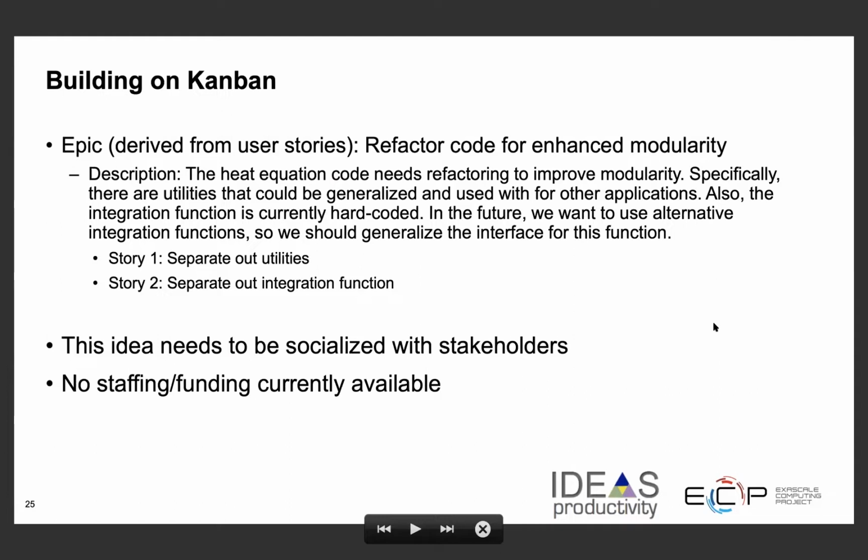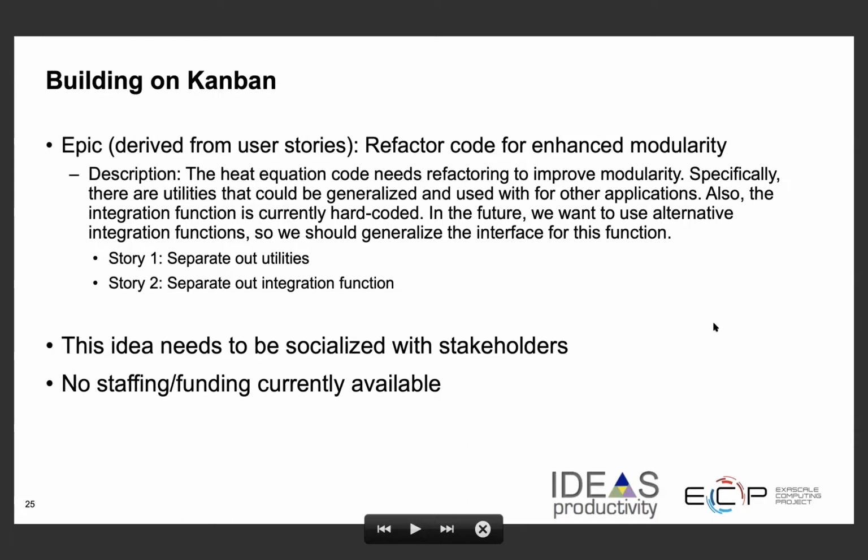This slide out here is another example about how you can take the epic and separate it out into stories. And we will discuss this particular thing a little more in the Agile Redux section that will be presented, I think, maybe after a couple of hours.